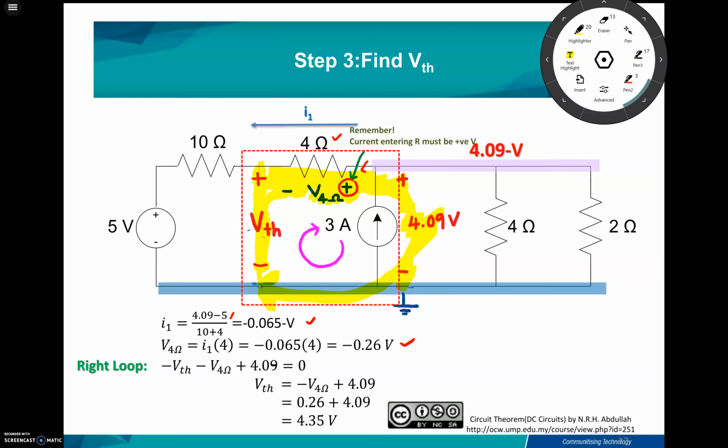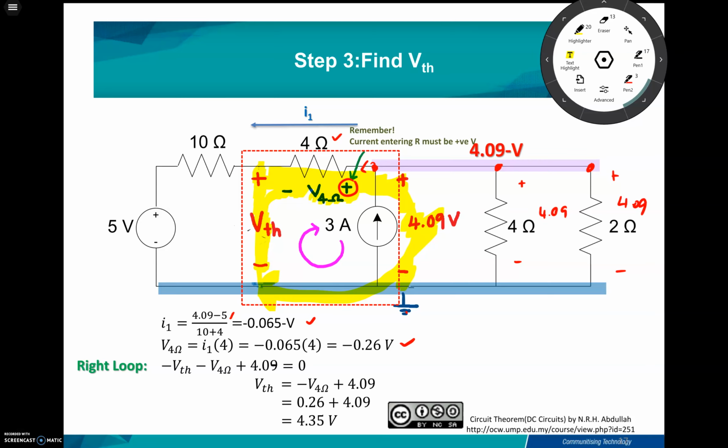And then for the 4.09 volt, you can see that the voltage is from this node to the ground. So this one is 4.09, here is also 4.09, and then also here is 4.09 volt.